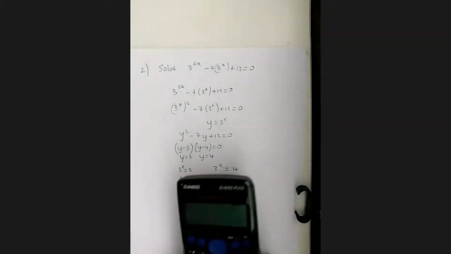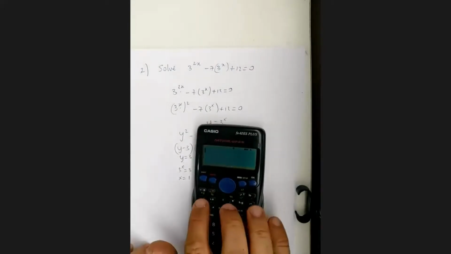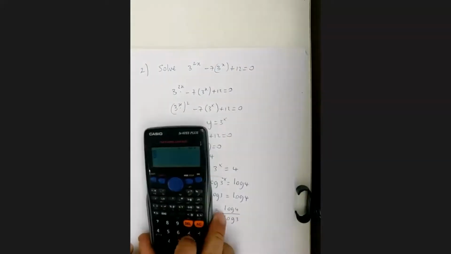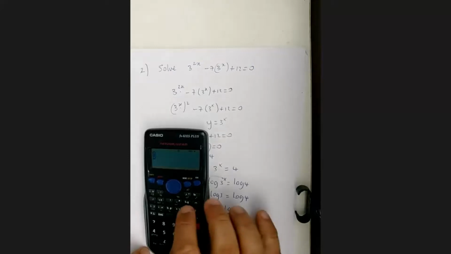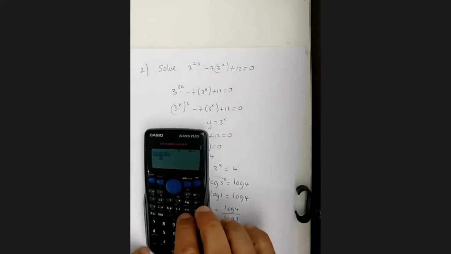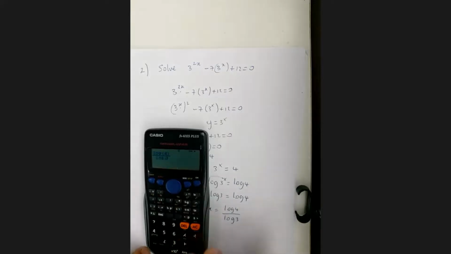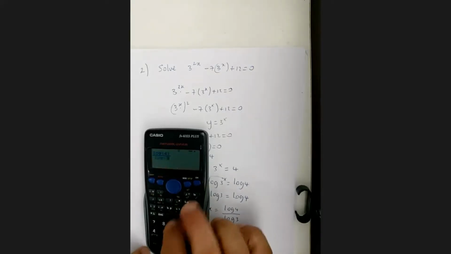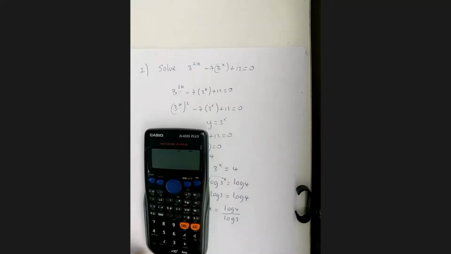Use the calculator. We have a fraction there. So log 4, close the bracket, write log 3, close the bracket, and get the answer, which is 1.26, correct to three significant figures.